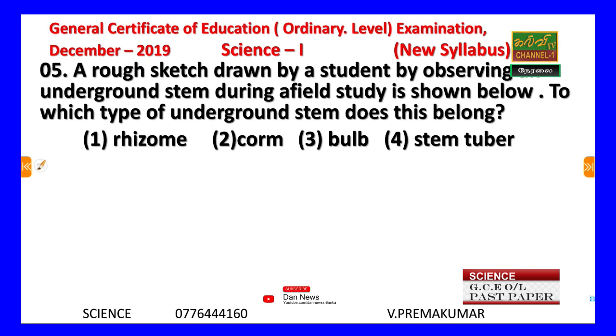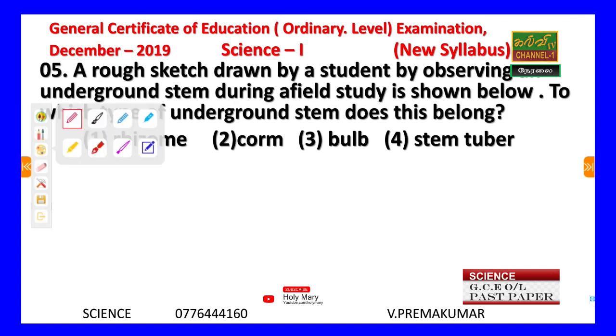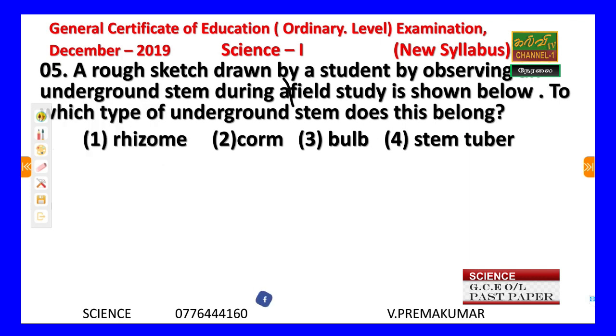Fifth one. A rough sketch drawn by a student by observing an underground stem during a field study is shown below. To which type of underground stem does this belong? The rhizome.